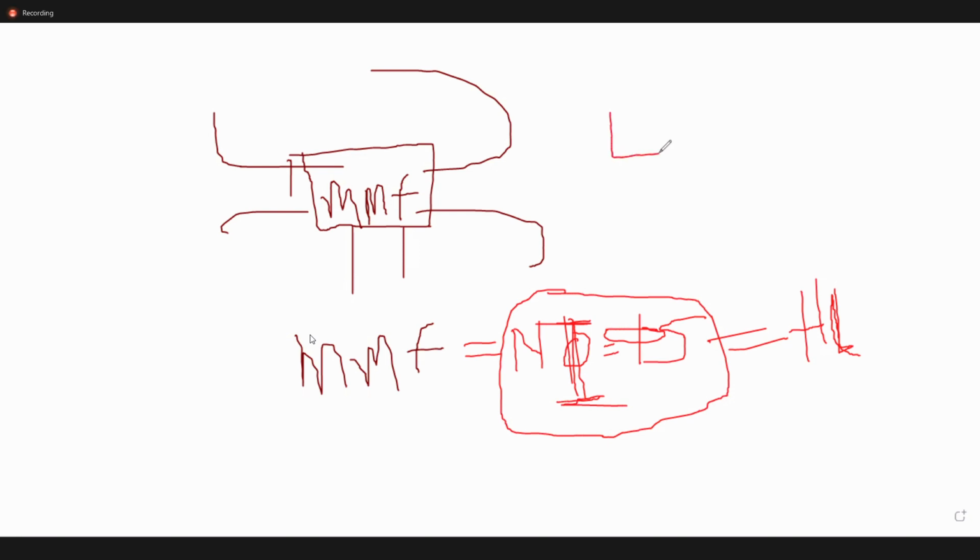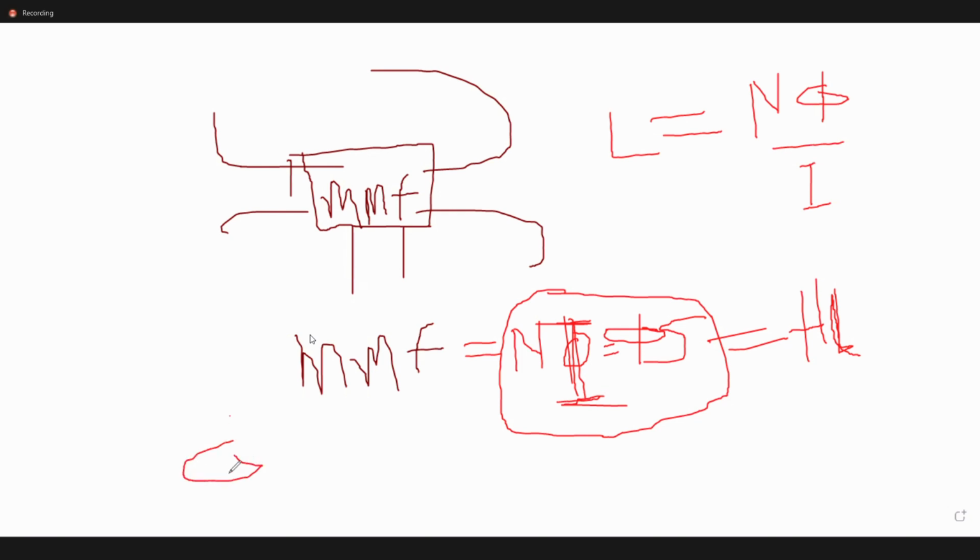And we know L is equal to N phi by I. So we can calculate the value of phi from this.